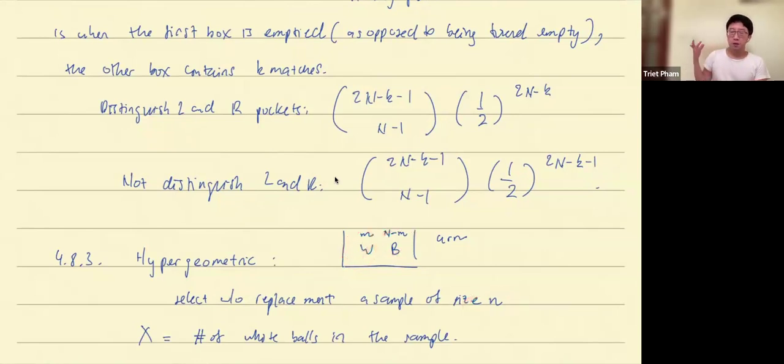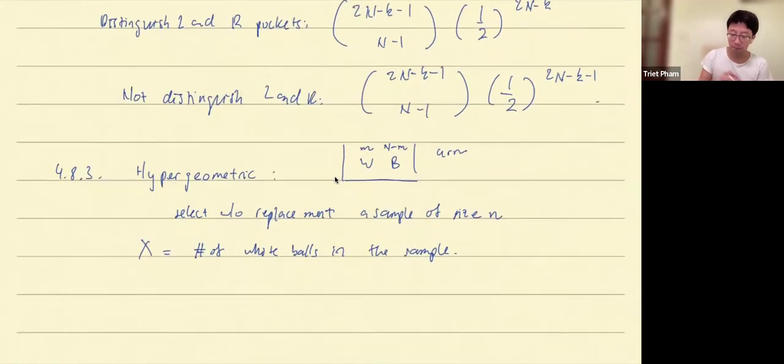But really, it's just about selecting without replacement from a finite population, if you will, with two types, and you ask how many of the first type are present in your sample.